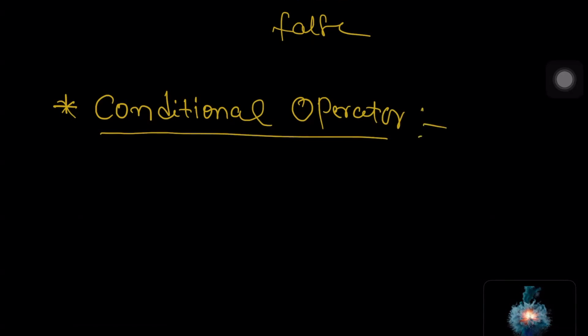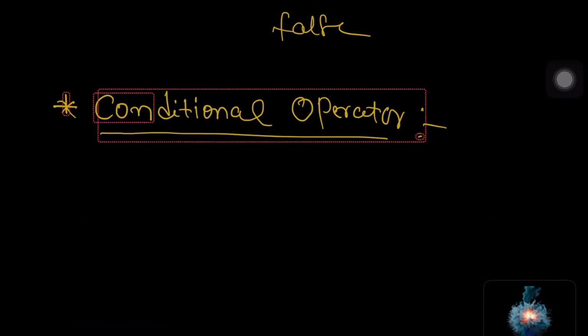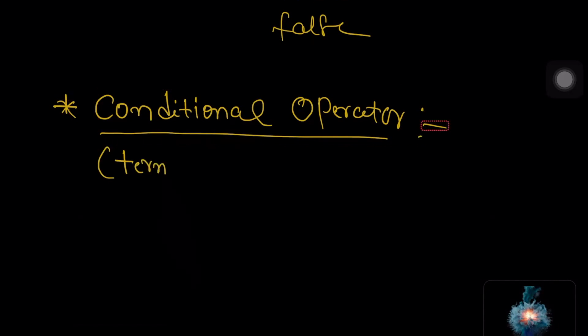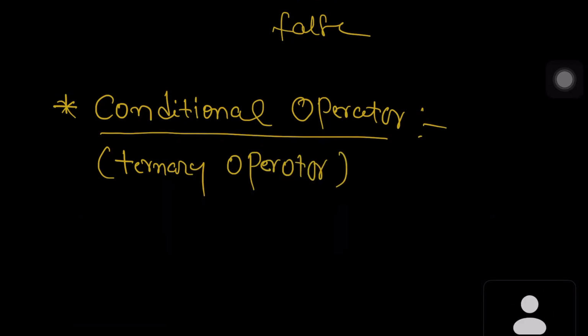The conditional operator we also call the ternary operator. Based on the operands that we are using, how many types of operators do we have?